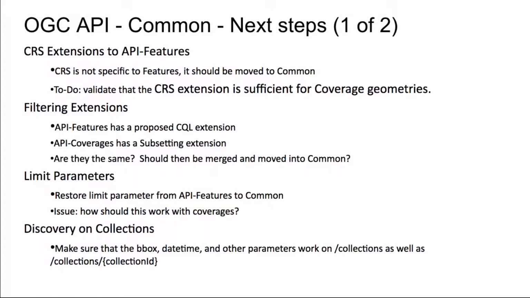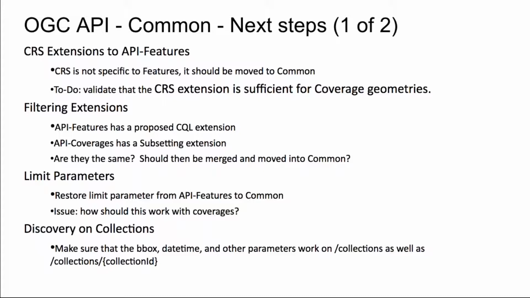First of all, API Features has developed a CRS, Coordinate Reference System extension, and there seems to be consensus that that should be an element of common, because looking at it, we don't see anything in there which isn't also applicable to coverages.